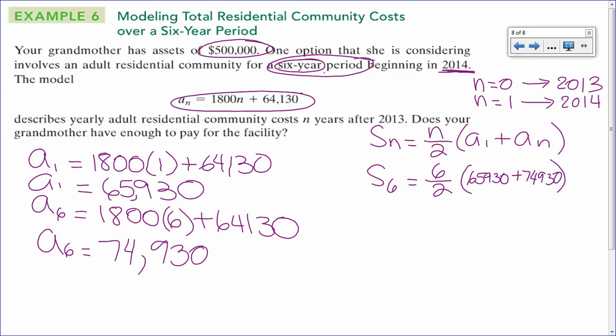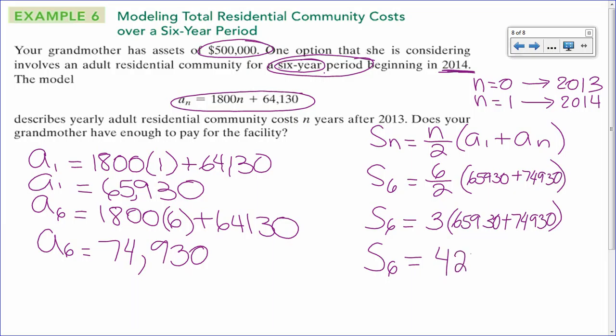Okay, guys, so you can substitute everything in the calculator to get the final answer. 22,580. She has enough though. So she does have enough for a 6-year period.